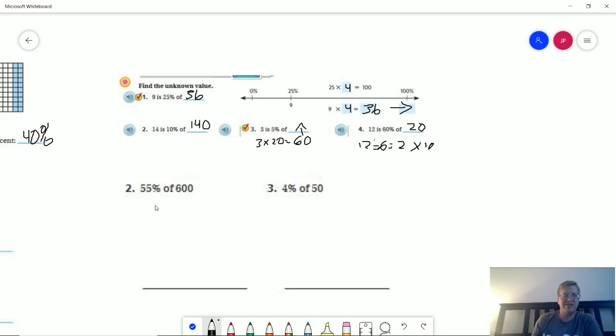So that would give you 60. And then you can do 60 times 5 to get 300. And then for the 5%, you can take this and cut it in half. 2.5% is going to be 30. So our 50% comes out to 300. 300 plus 30 would give us 330.